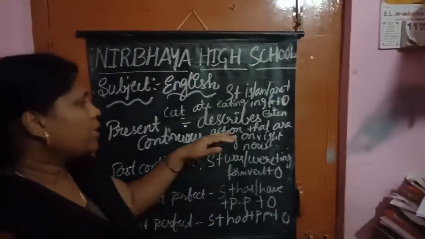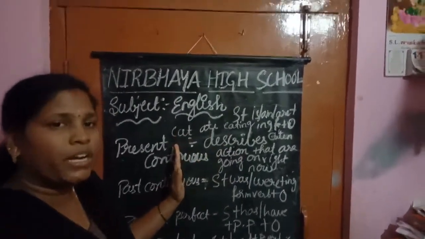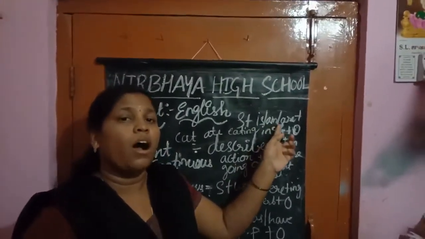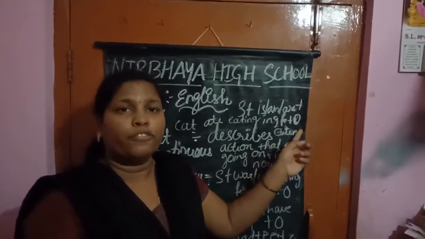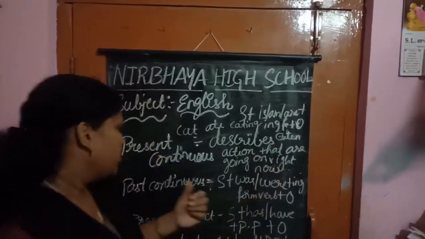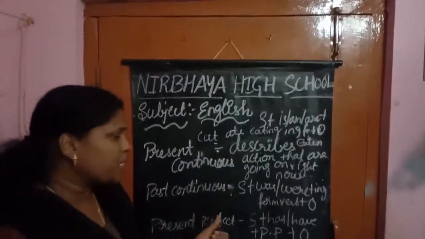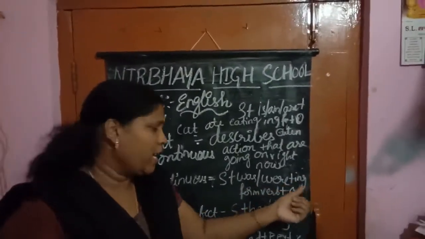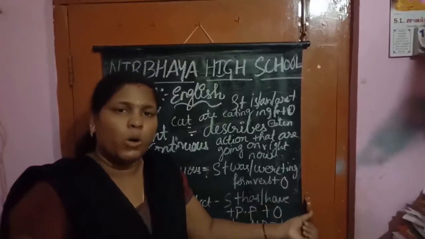Understood, children? See here. What is the rule of present continuous? Subject plus is, am or are plus ing form of verb plus object. Coming to the past continuous, what is the rule? Subject plus was or were plus ing form of verb plus object.